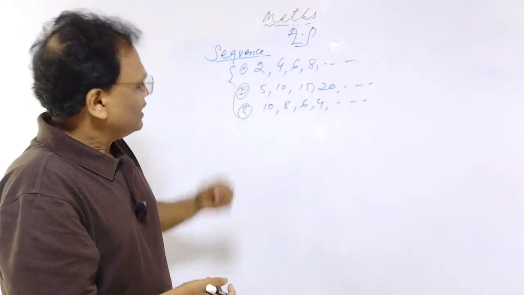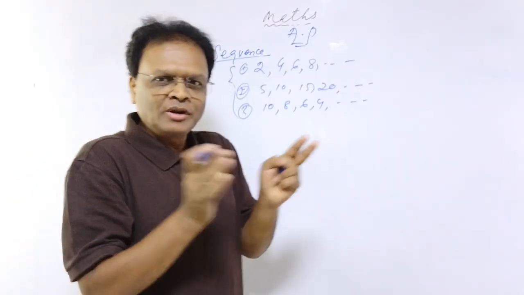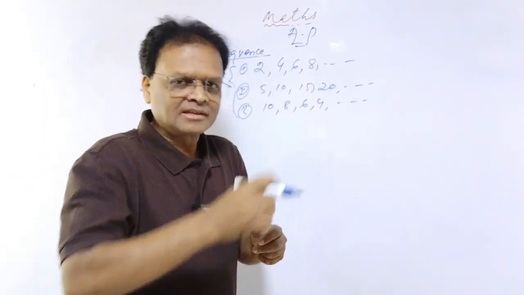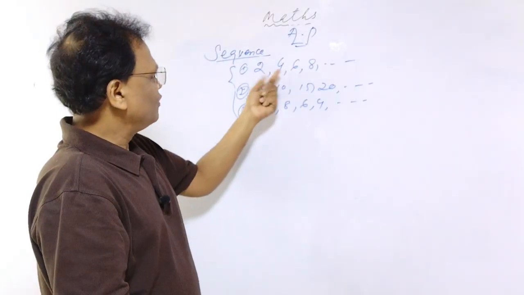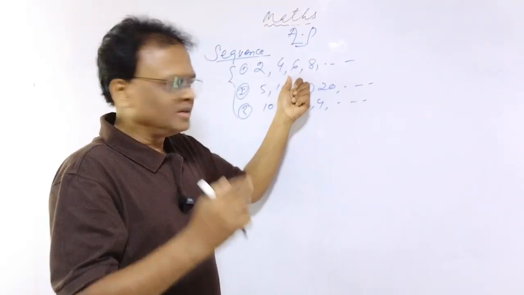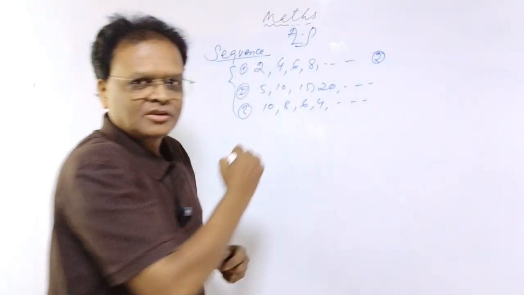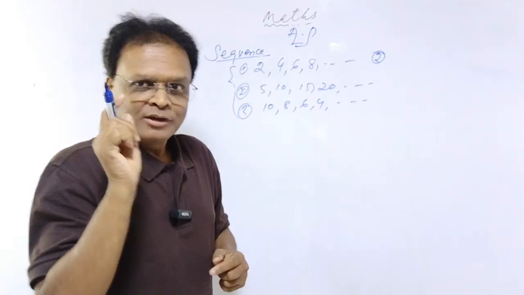And if you notice, the gap is a fixed number. Two different numbers, if I subtract, I get one fixed number. 4 minus 2 is 2, 6 minus 4 is 2, 8 minus 6 is 2 only. So the gap is only 2.